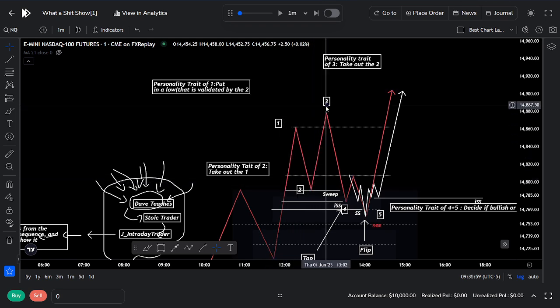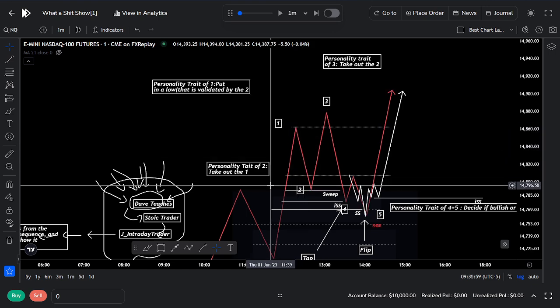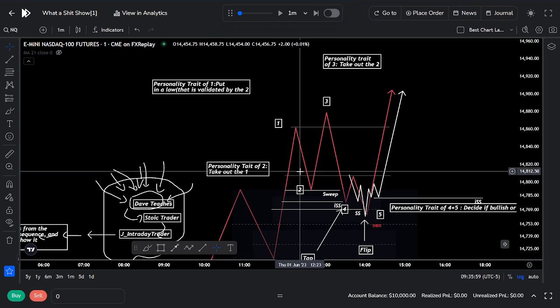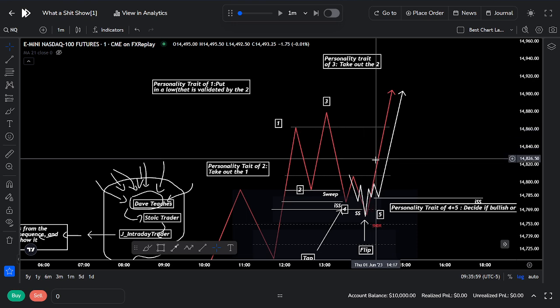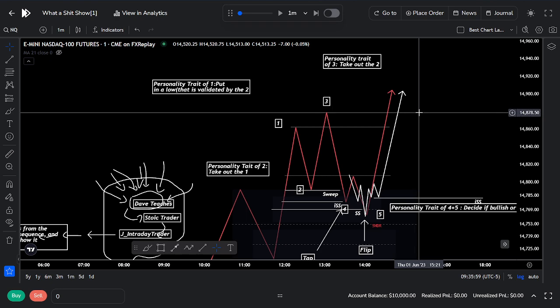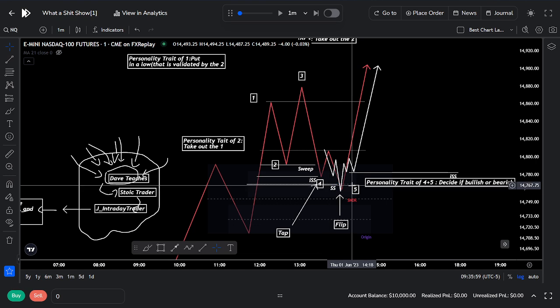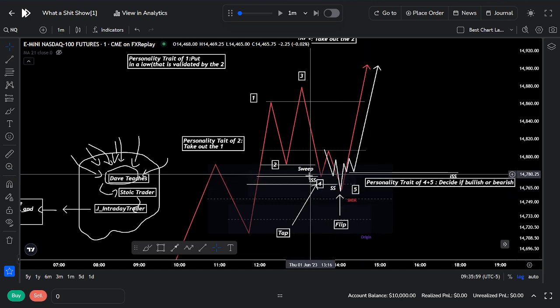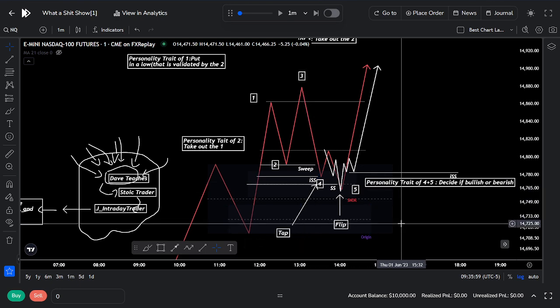And then this two is representative of us liquidating all the people who got in short to take out or to put in another low. And then this three represents the final liquidation phase in which we distribute back into the upside for the highest probability and longest move. This is how Stoic conceptualizes it, and he could conceptualize it now, not just it from it coming from the SNDR, but also the origin itself.